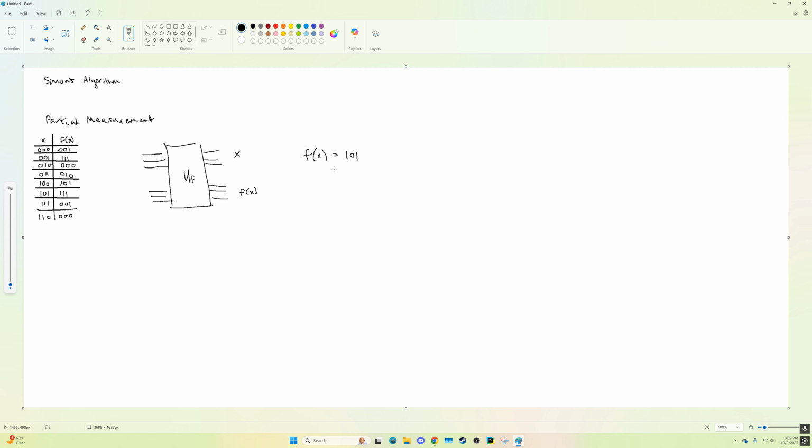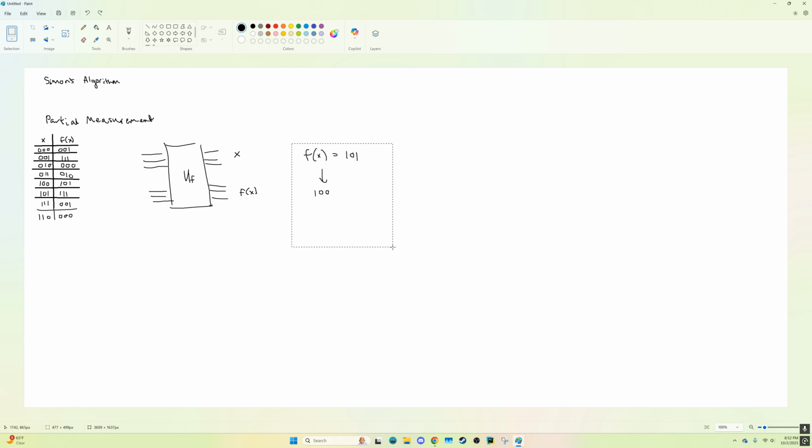Then there's only a limited number of x that could have caused such an f of x. Specifically, for 101, this x right here, which is 100. So we instantly know x is 100. And by measuring the bottom output, we've collapsed the top input to 100. So that's the idea of partial measurement.